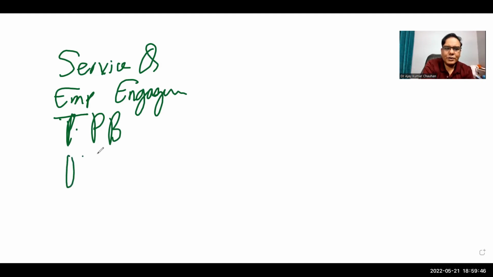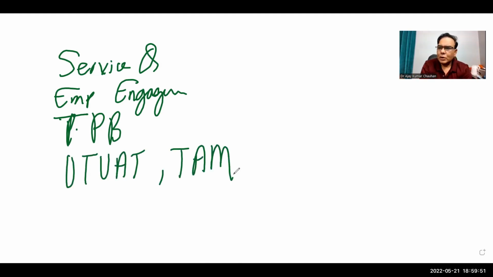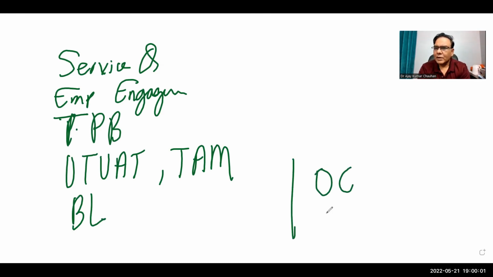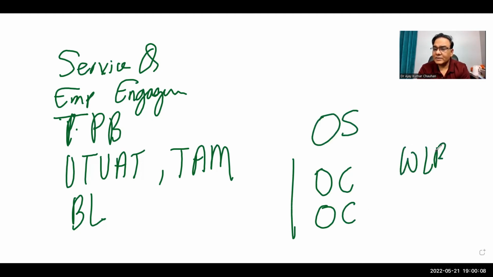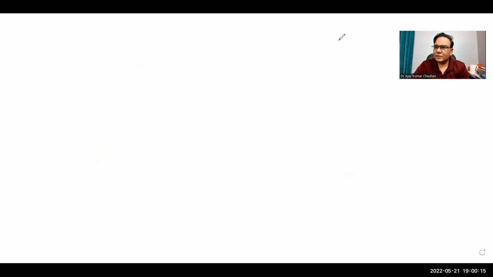In UTAUT theory or TAM theory, all the constructs are reflective. Brand loyalty is reflective. Organization culture is reflective. Organization commitment is reflective. Organization stress is reflective. Work-life balance is reflective. In fact, 90% of the constructs in the literature are reflective.